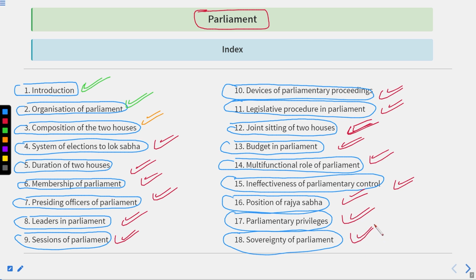So that is the picture we have created so far. We will start from where we left in the previous lecture.